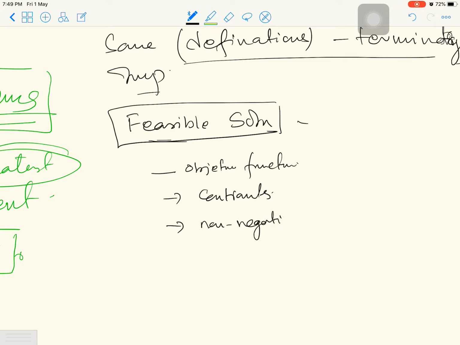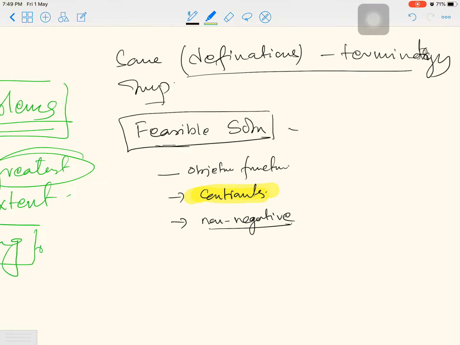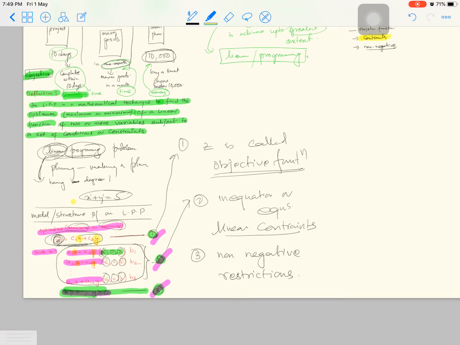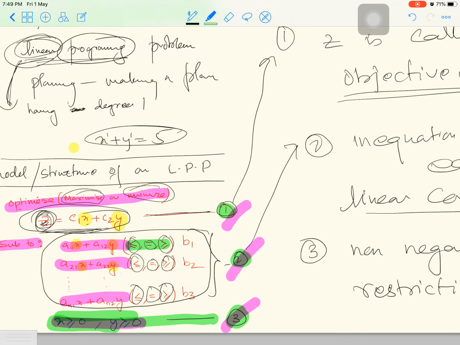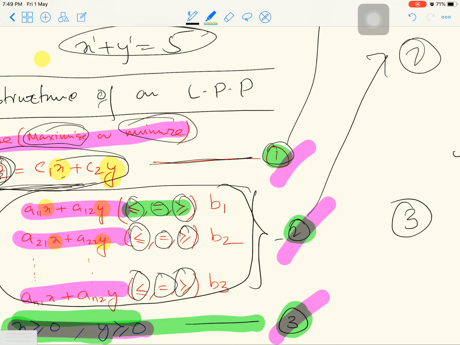So those set of values that satisfy the constraints, constraint meaning this equation number 2 here, are called feasible solutions.